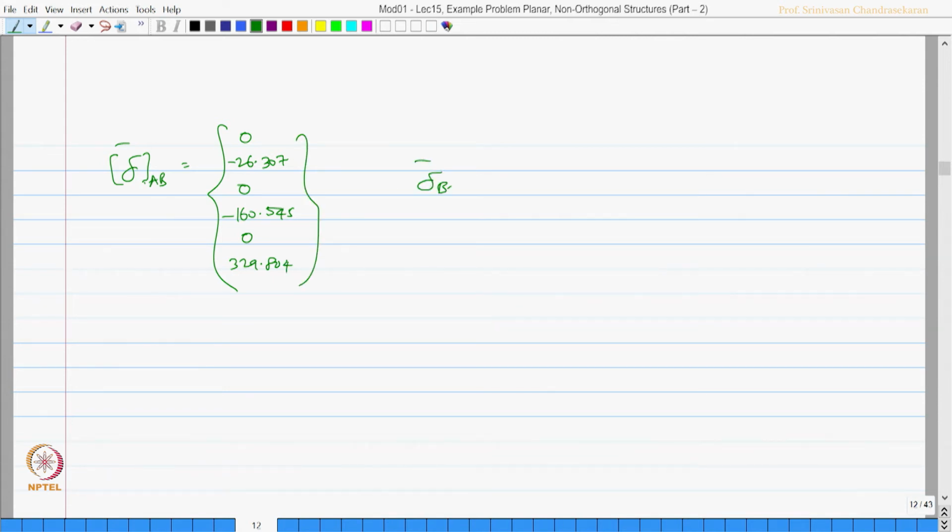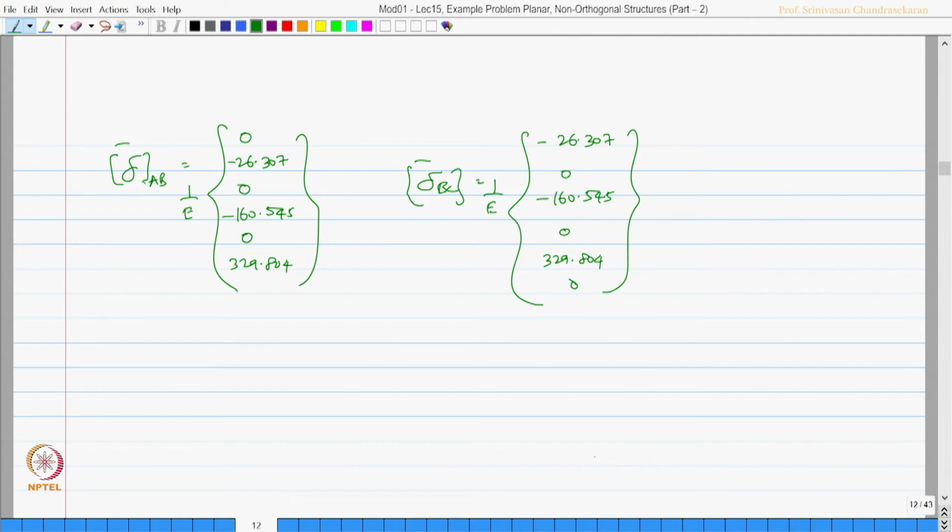Delta bar BC is 1 by E of minus 26.307, 0, minus 160.545, 0, 329.804 and 0.